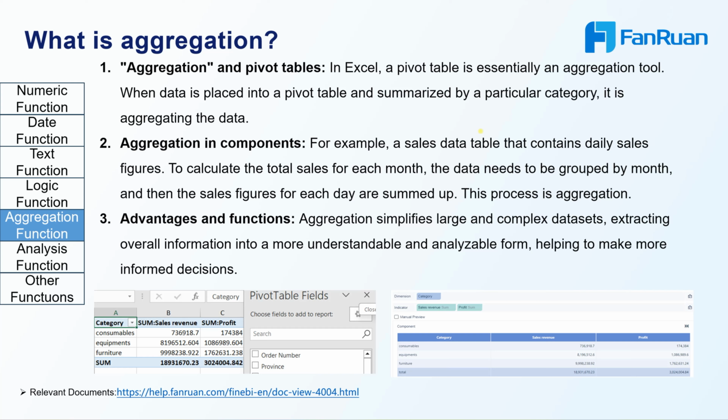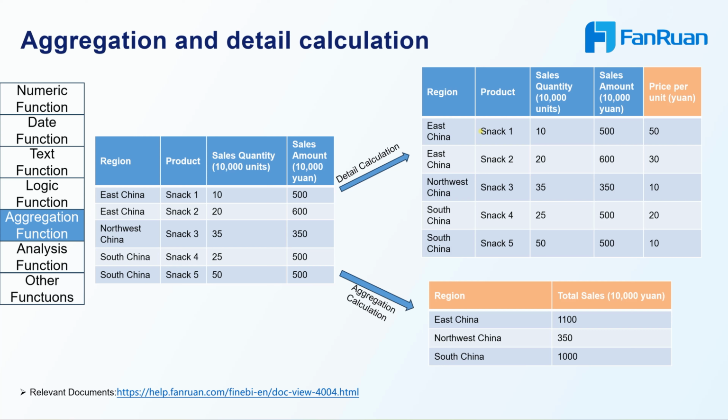So, just now through the pivot table and our components, we understood what aggregation is. And the corresponding concept is detail calculations. I hope everyone can understand these two concepts. For example, here I simplified a simple table showing the sales and quantities of different products in different regions.